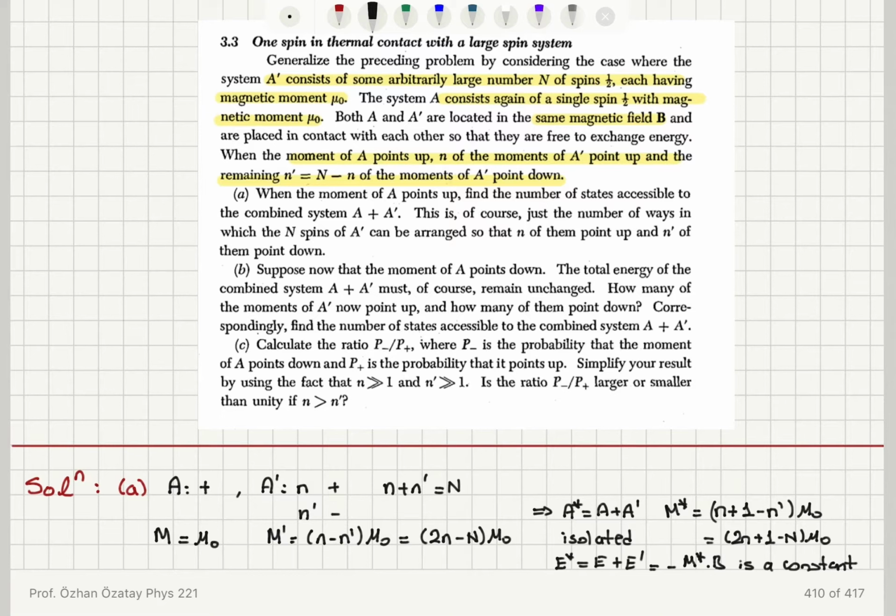Okay, so in part A, when the moment of A points up, find the number of states accessible to the combined system A plus A prime.